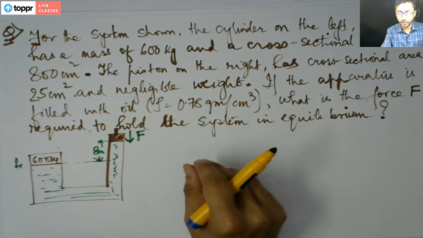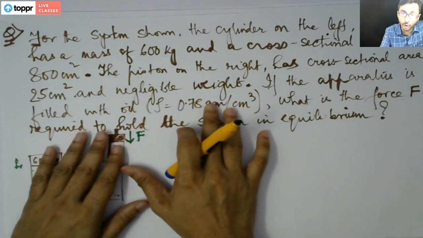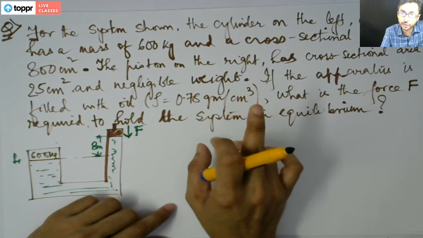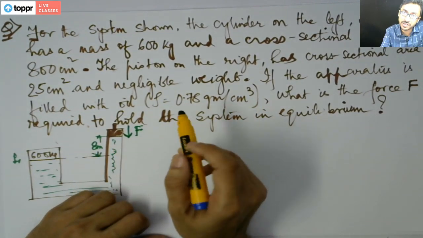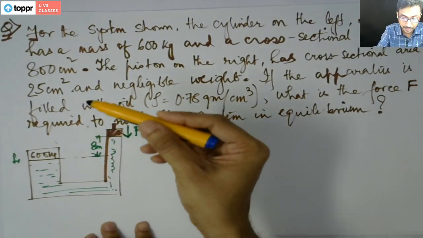Now let us solve another problem. One more problem on Pascal's law. If you remember Pascal's law, the pressure is equally transmitted in all parts of the liquid. Let us see how we can apply the concept.